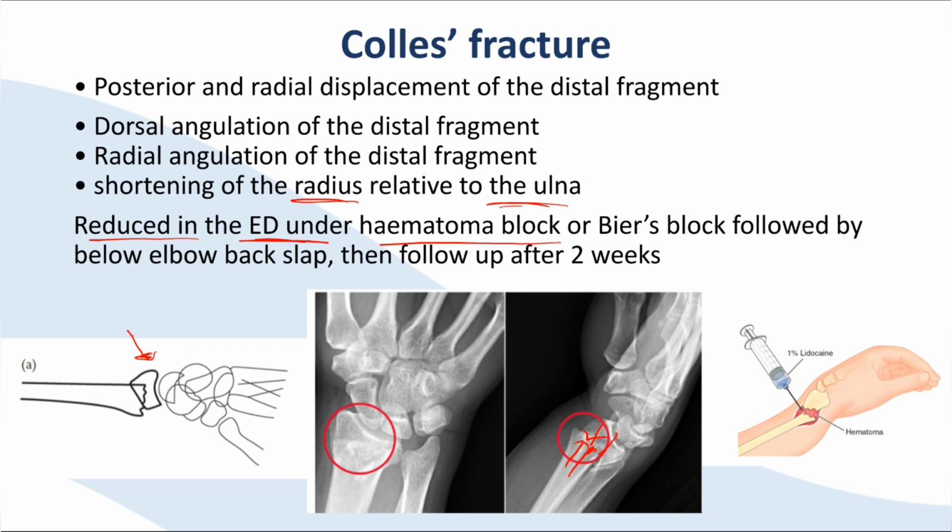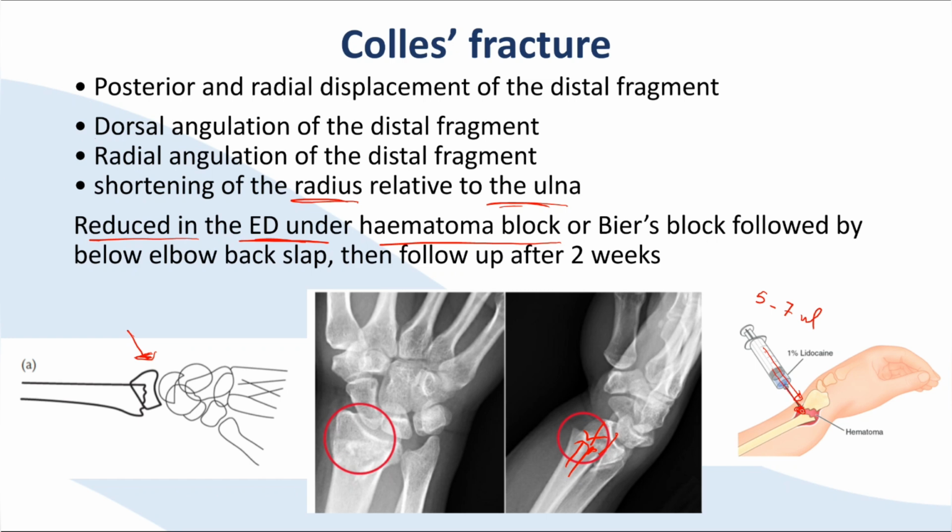For the hematoma block, you have to give 5 to 7 ml of 1% lidocaine directly on the dorsal aspect of the fractured site. You go under negative pressure until you aspirate blood.